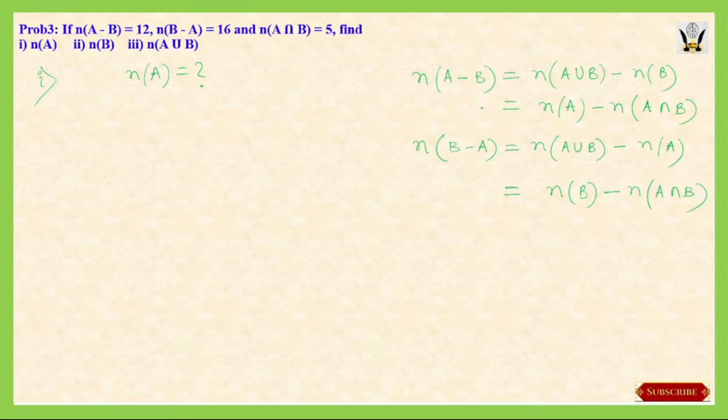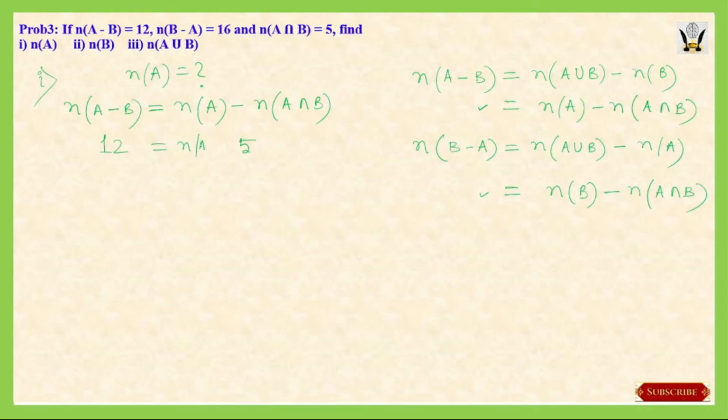So we have to consider the second part of this relationship. Here we have n of A. So we have to consider this formula. We will take this relationship. Now the cardinal number of this difference operation is given and that value is 12. So here we will write 12, and also the cardinal number of this intersection operation is given, which is 5.